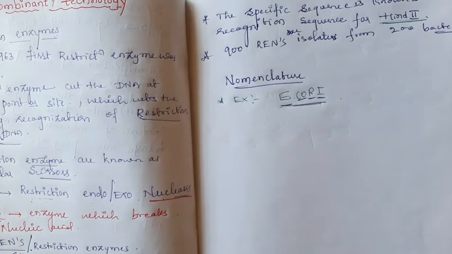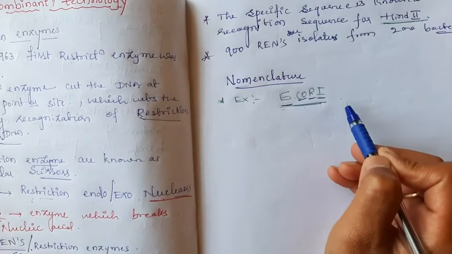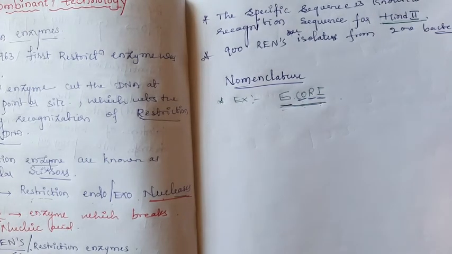We can read it like EcoRI, EcoRII, HindIII, BamHI.